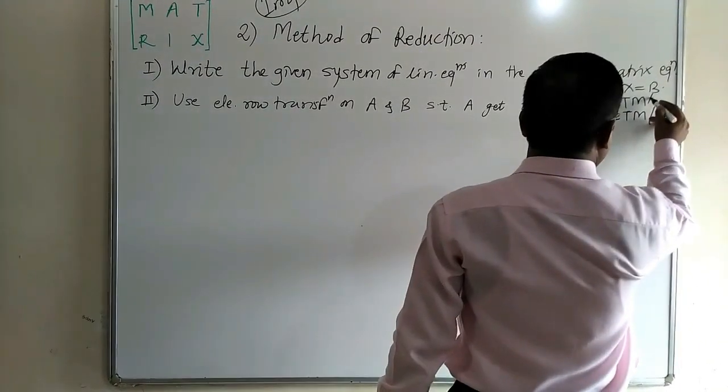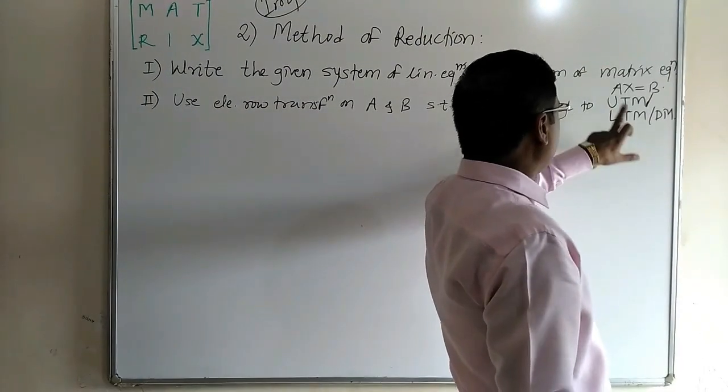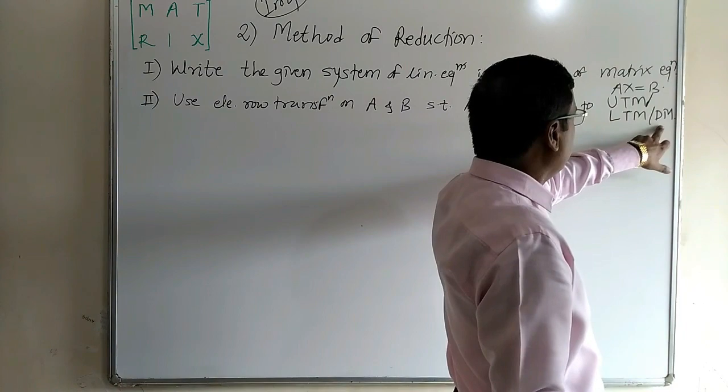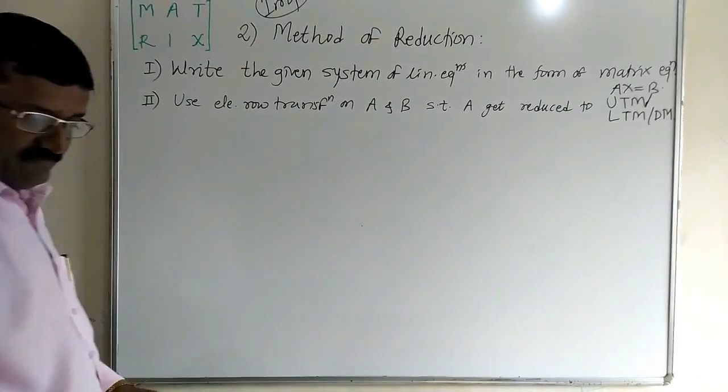We have 3 options here, that we can convert this matrix A to upper triangular matrix or lower triangular matrix or diagonal matrix. We will see an example on each.